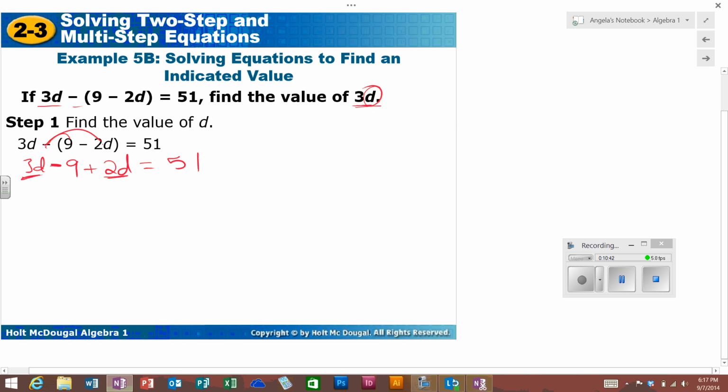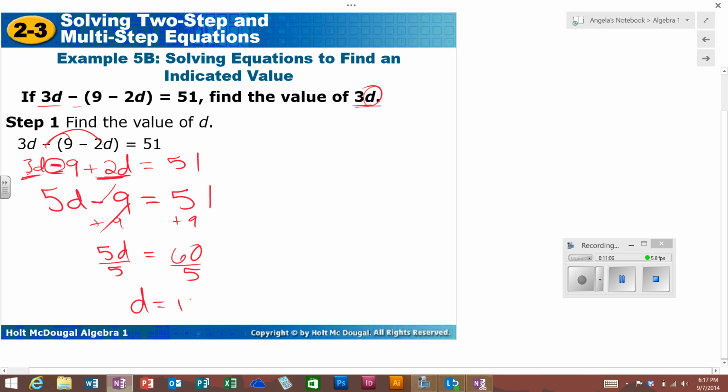I'm going to combine these. 3d and positive 2d makes 5d minus that 9. Notice that I keep the sign that's in front with the number that it's coming before. I'm going to add 9, so I get 5d equals 60. Divide by 5, and my d is equal to 12.